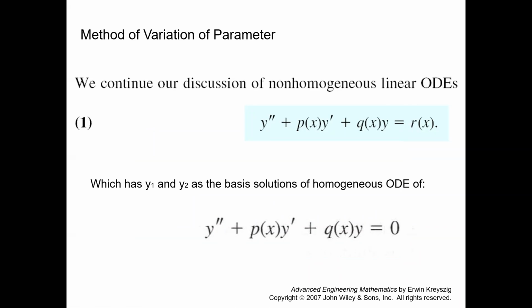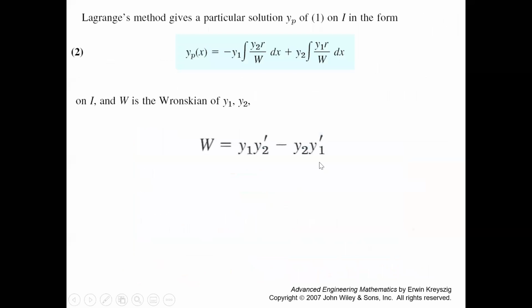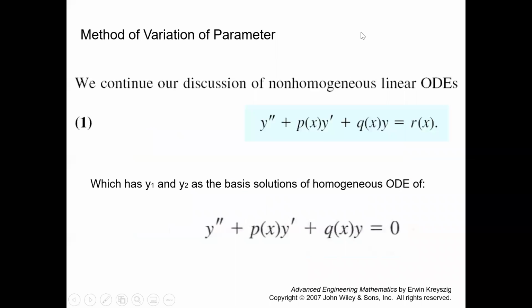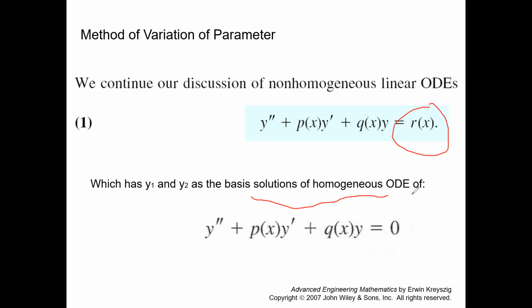So if the Rx is not available on the table, we can still solve it using what we call the method of variation of parameters. This lies on the concept that the solution of your non-homogeneous equation can be formed from the solution of the homogeneous.